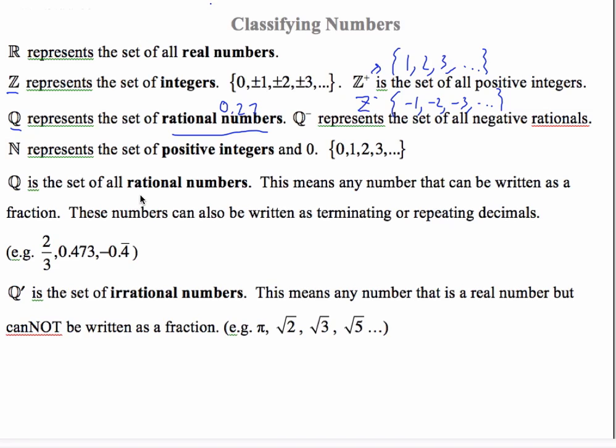Q is a set of rational numbers. Okay, we already said that. And this here is Q prime. Okay, that's a set of irrational numbers, so things like pi, root 2, root 3, root 5, that cannot be written as a fraction. Basically, when you put these things in your calculator, you get decimals that continue forever without repeating. So those will be irrational numbers.